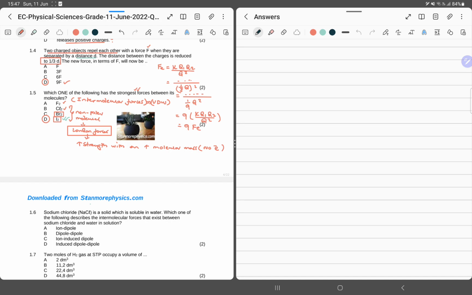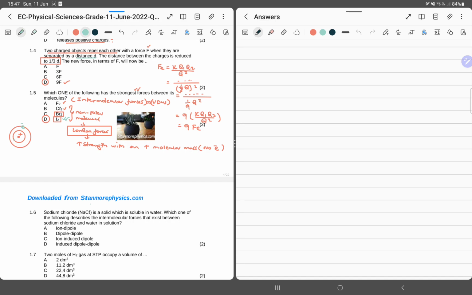Now, just to expand your knowledge, how does a nonpolar molecule end up with attractive forces between the molecules? Well, let's say this is our molecule. We've got the nucleus here, which is positively charged, and then we've got an electron orbiting in its orbit.